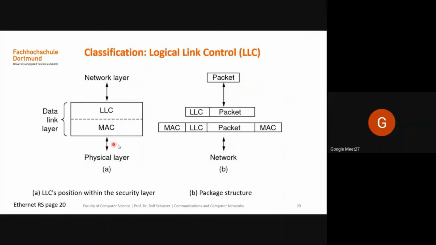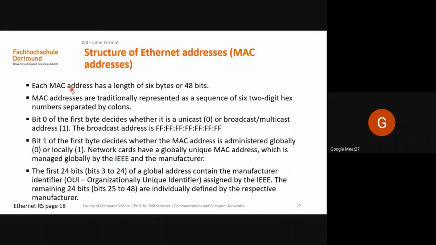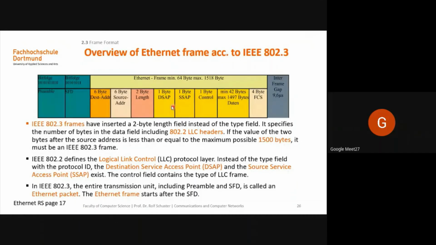Then what you need to know is that the IEEE defines three different types of LLC services. Each LLC service is identified in those fields, that is in the destination, source, and control fields.